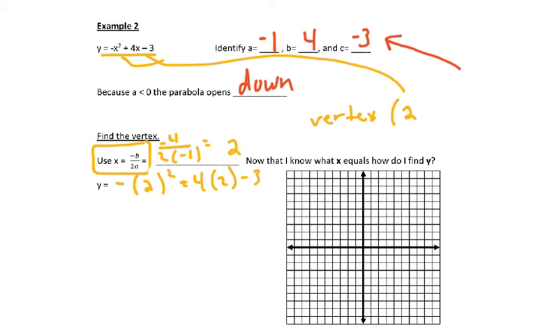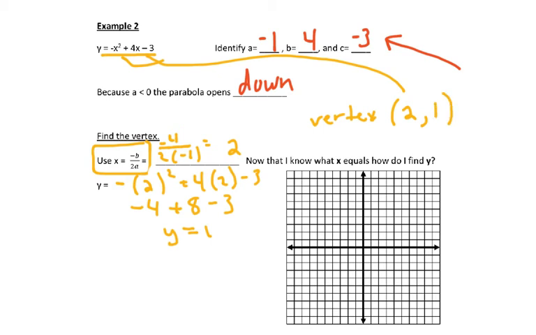Now I'm going to square that 2 first because exponents come first, and then multiply it by the negative, so that gives me -4 plus 4 times 2 is 8 minus 3. Now I can put this together and I get -4 plus 8 is 4, and 4 minus 3 gives me y equals 1. And that's my value for y for my vertex.